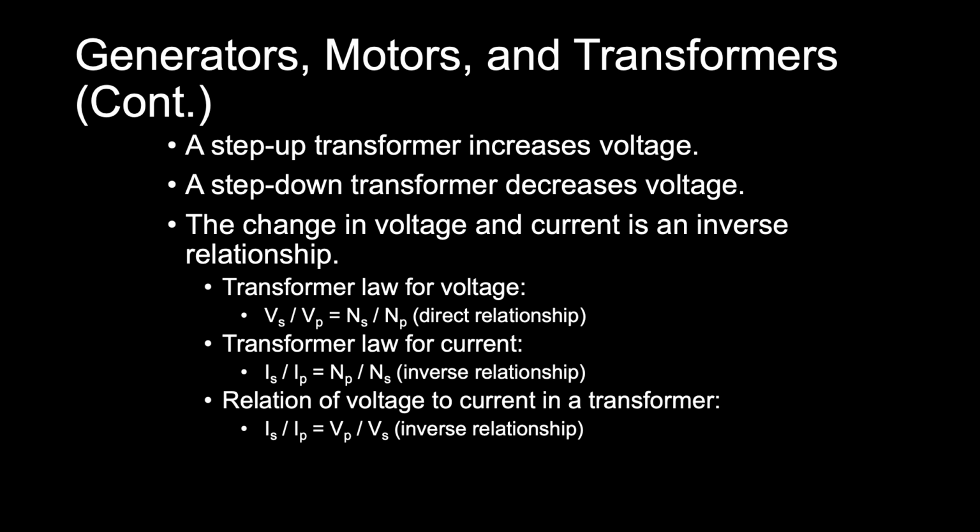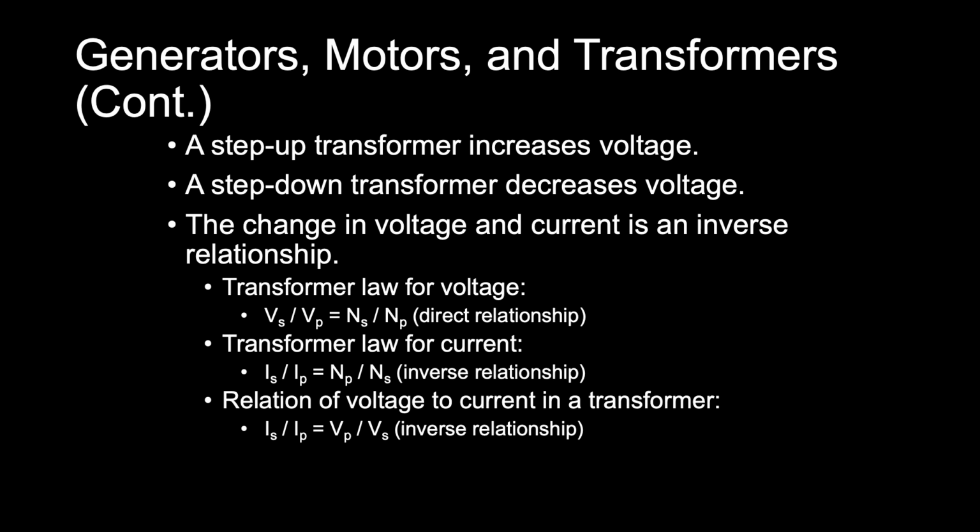So we're trying to find the new current. So you would do Is divided by 5. That's going to equal 10 divided by 50. Is is going to equal 5 times 0.2. And then Is equals 1. So your new output current is 1.